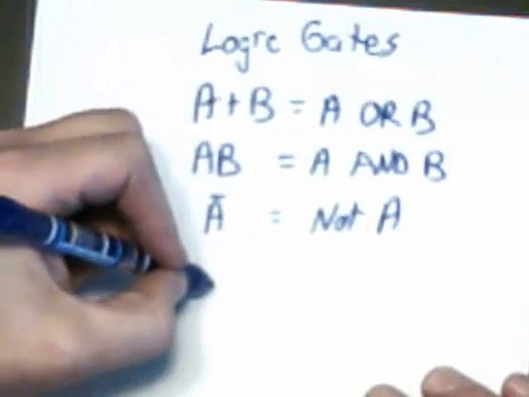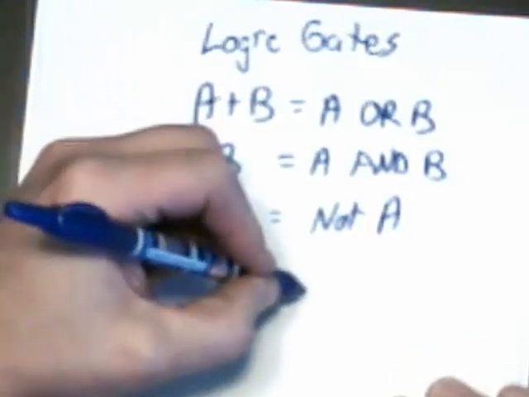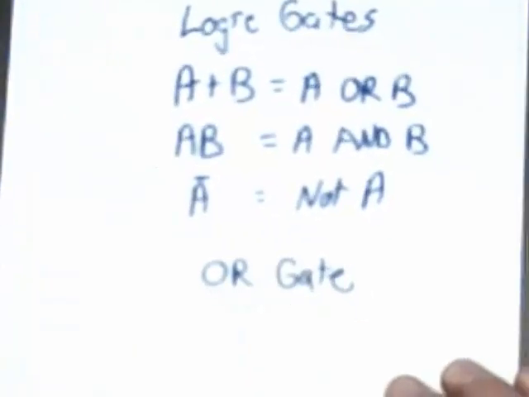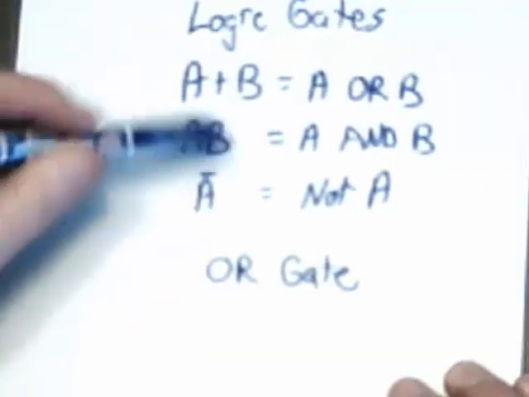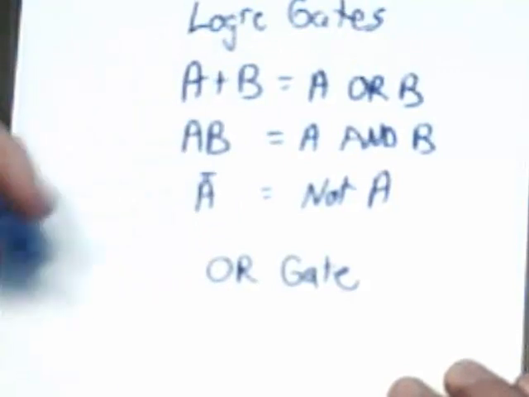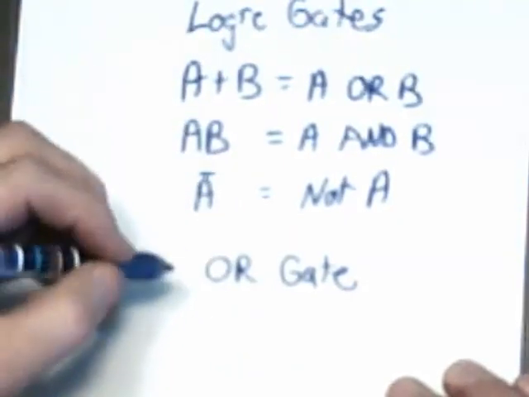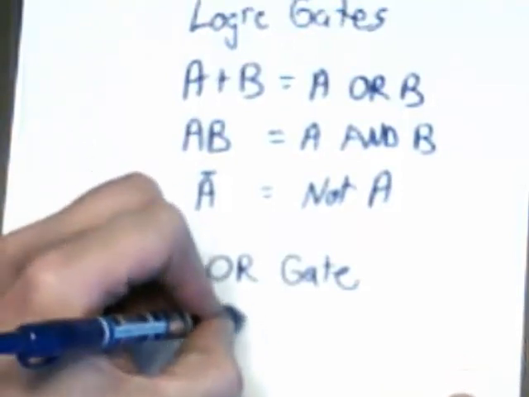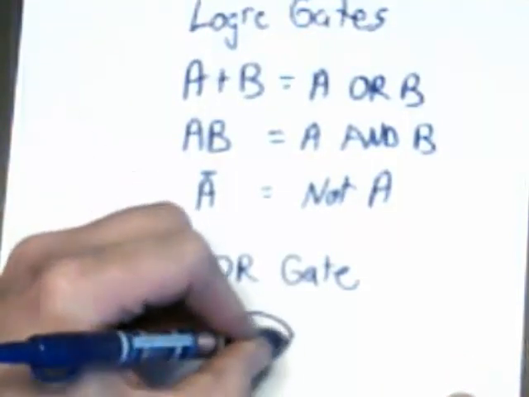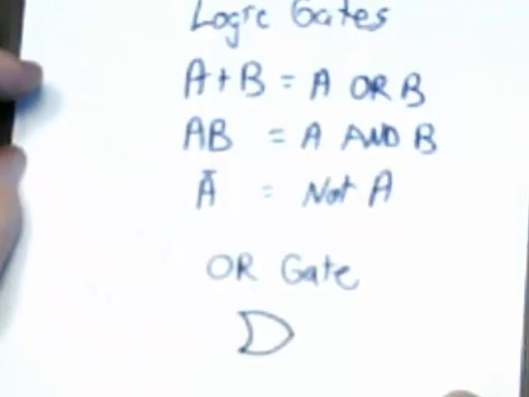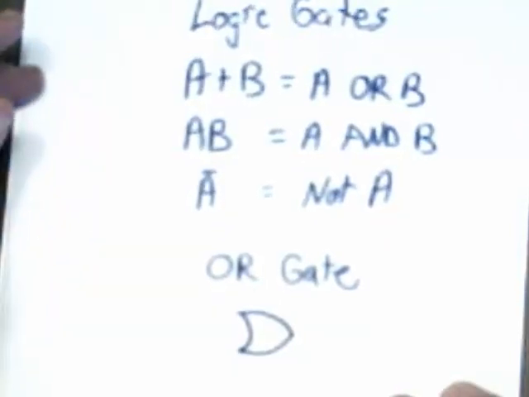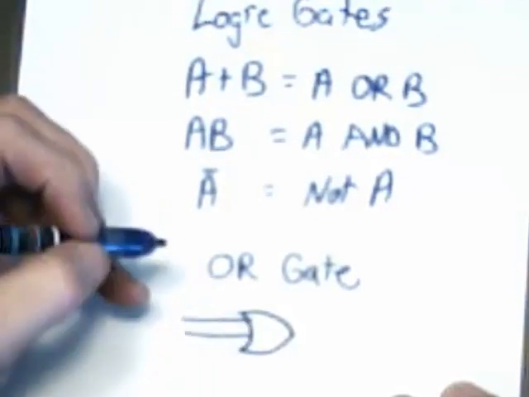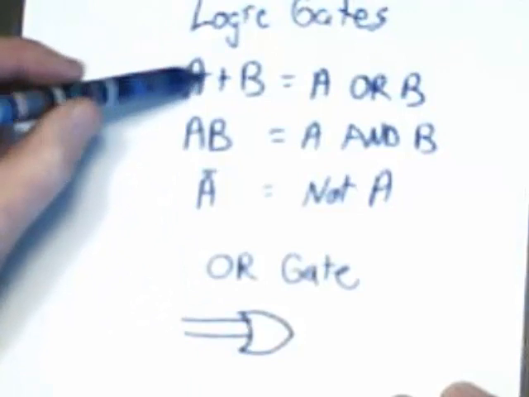So symbol number 1 is called the OR gate. The OR gate will replace the plus sign, and it's written in a different format. This is the OR gate. That's what the OR gate looks like. The OR gate has two inputs, and I'll stick with what we have so far.